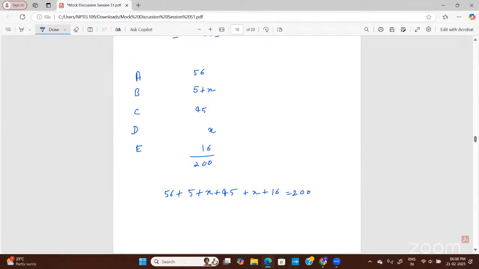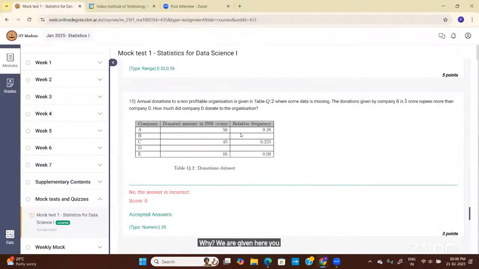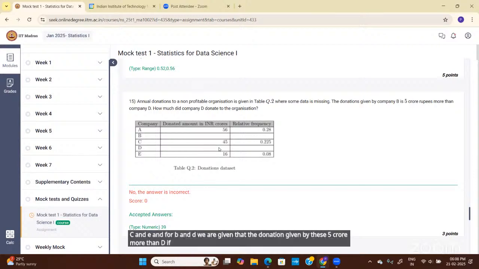You can directly see that 56, 45, and 16 are given for A, C, and E. And for B and D, we are given that the donation by B is 5 crore more than D. If D is X, then B will be 5 plus X, right?